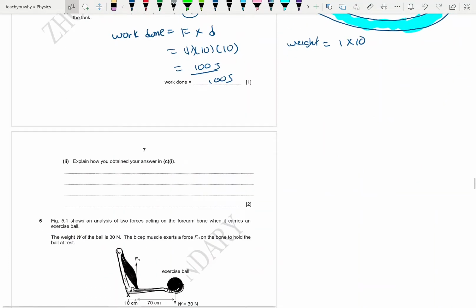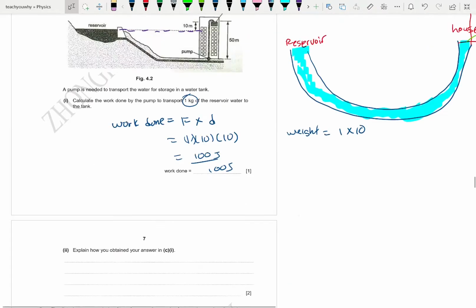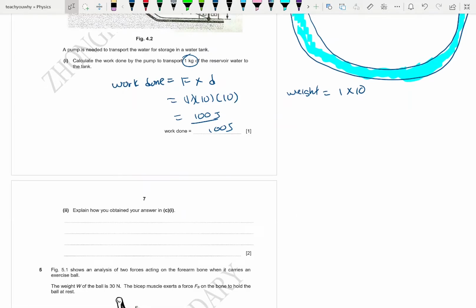Moving on, part 3. Explain how you would obtain your answer in C part 1. I have basically explained it, but now the hard part is how to write it in words.